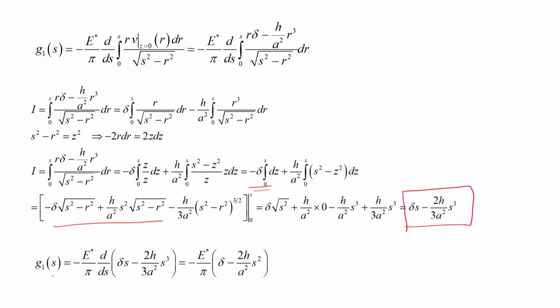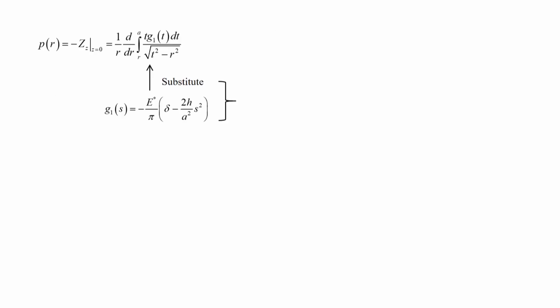So, then finally, this g1 of x comes out to be this expression, and this now can be used to substitute here. So, I will substitute here. So, it will be 1 by r, and this is minus E star over pi, and this is d by dr, and this is r to a, and this is t into g1 of t.